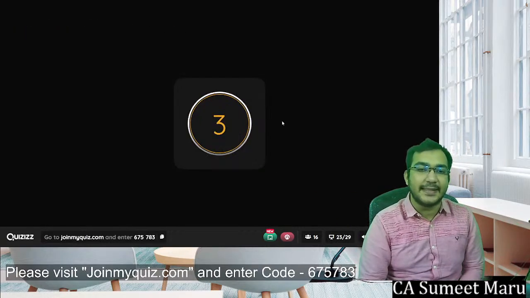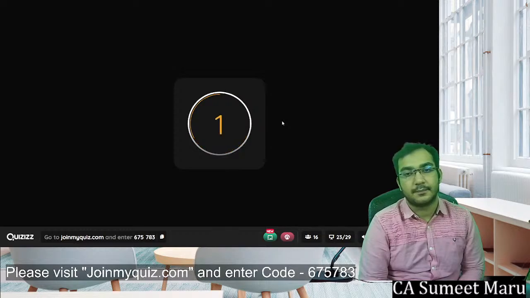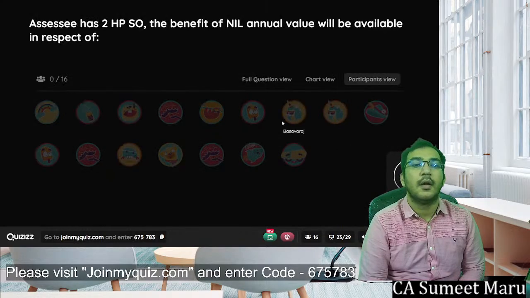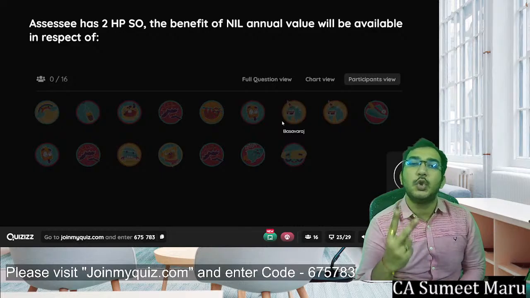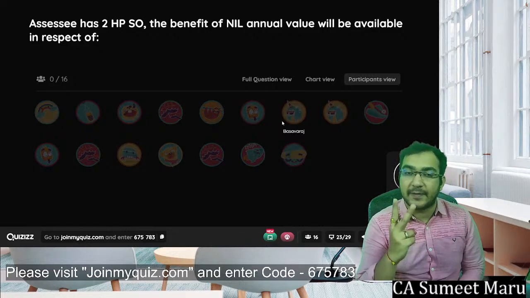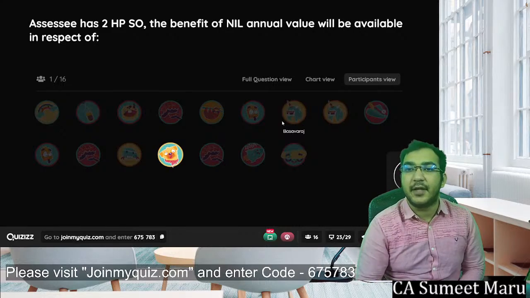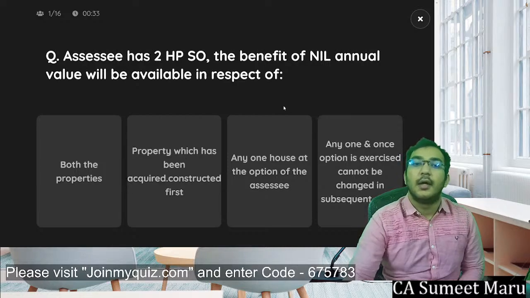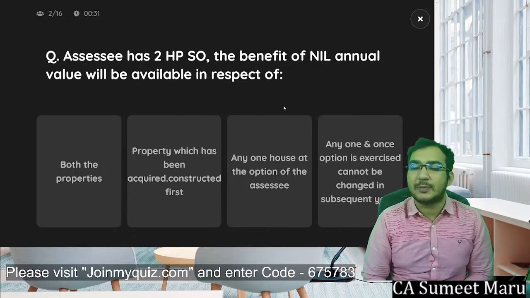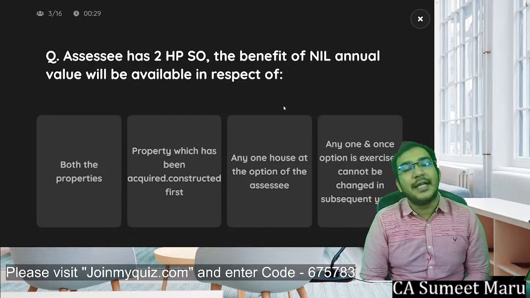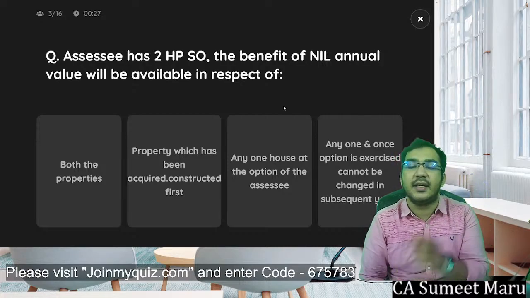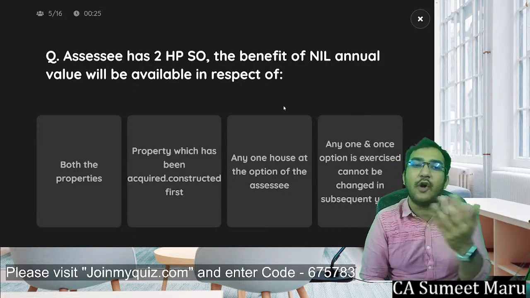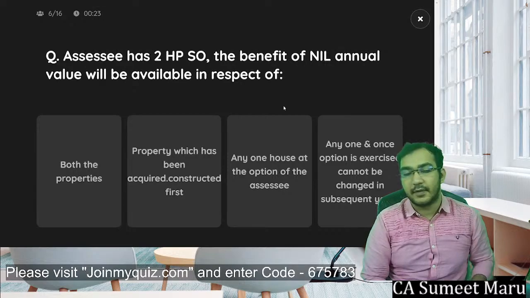Next question, question number 23. SSC has two house properties which are self-occupied. Benefit of annual value nil will be in respect of... If they have two house properties which are self-occupied, the benefit of nil NAV is available only and only for what?